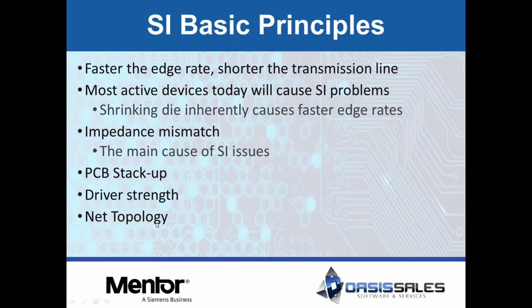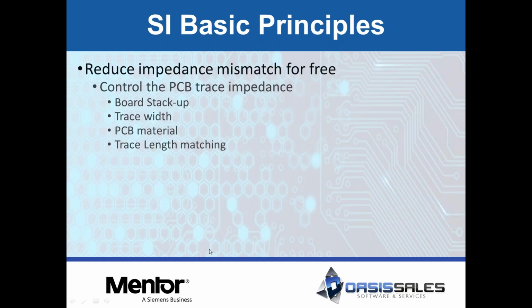So anytime you have a multi-drop net with more than 2 pins on it, basically a driver and more than one receiver, you really should be looking at topology, because even a 10 nanosecond signal could have issues based on net topology. And again, I'll play around with some of that here.